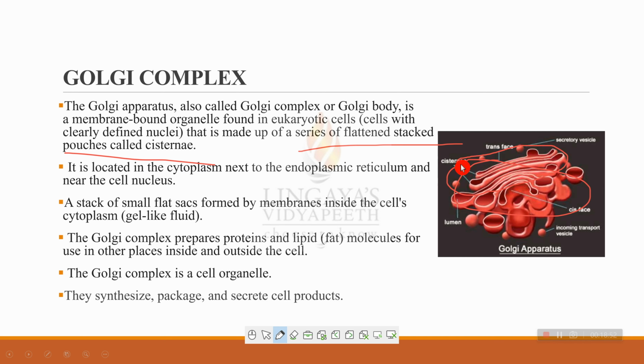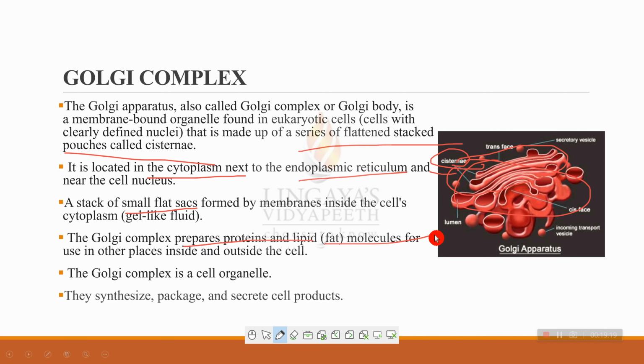Here you can see these folded, membrane-bound, flattened stacked pouches. These are called cisternae. The Golgi complex is located in the cytoplasm, very next to the endoplasmic reticulum. The stack of small flat sacs inside the cytoplasm is called cisternae.